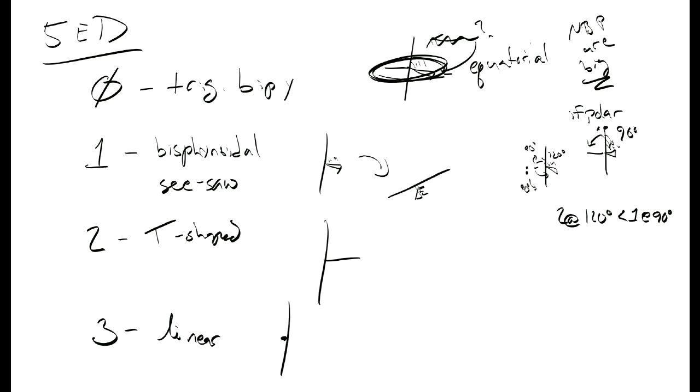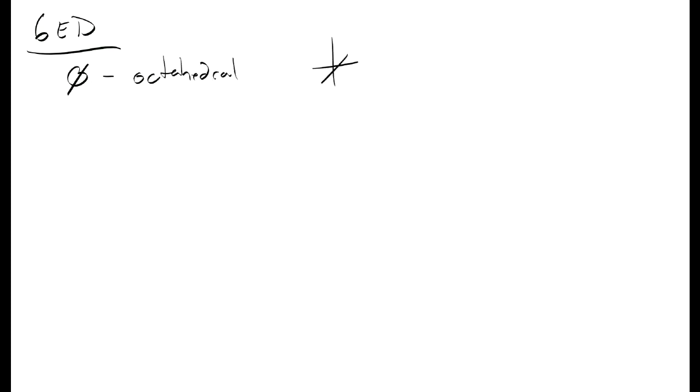And now, last but certainly not least, the last electron domain geometry is octahedral. With 6 electron domains, 0 non-bonding pairs gives us an octahedral geometry. So boom, boom, boom. All right. Now, because they're all the same, the first non-bonding pair can go anywhere.